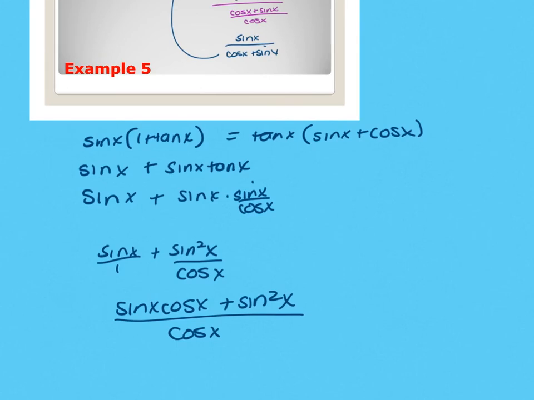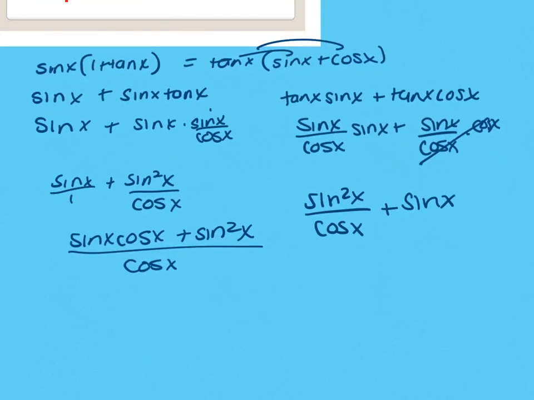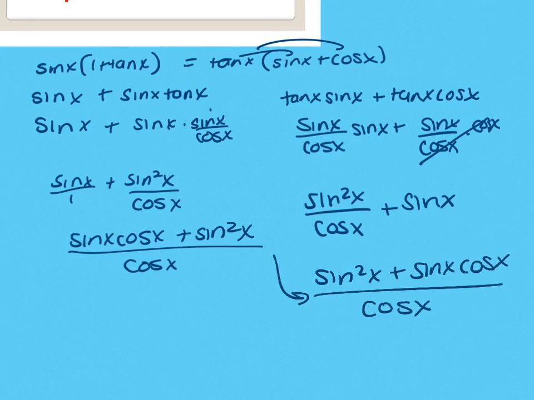You can do the same thing over here, distribute. Make that sine of x over cosine times sine of x plus cosine, times cosine. And then this is sine squared x over cosine plus this would be sine. And then it would be the same thing. You'd have to multiply by cosine. So you can cross multiply.